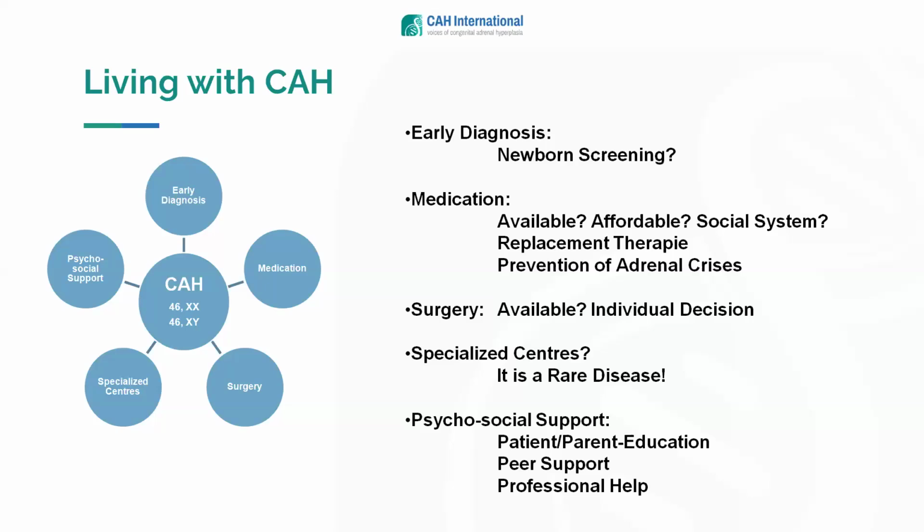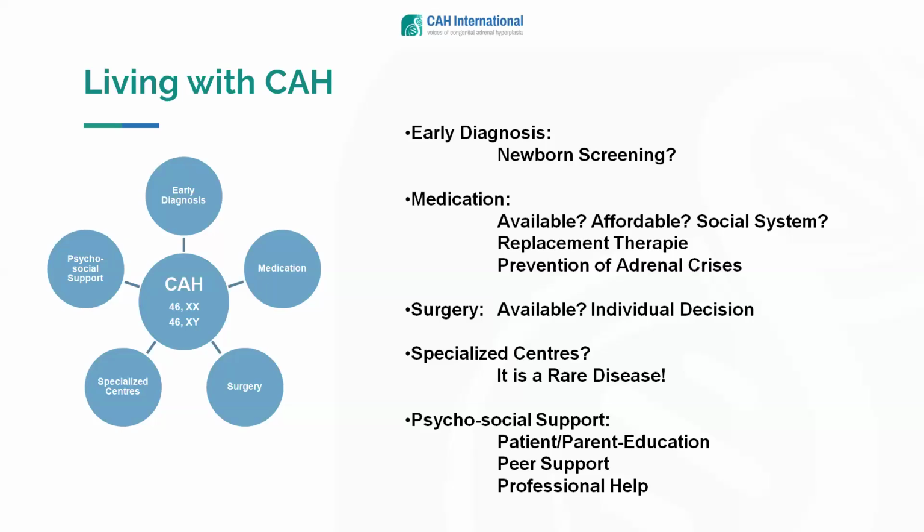I will say some words after when I talk about the challenges. CAH is a rare disease. Are there some specialized centers? Yes, we do have specialized centers, and this is also such a good thing because rare diseases need to be centered somewhere where they have more patients.